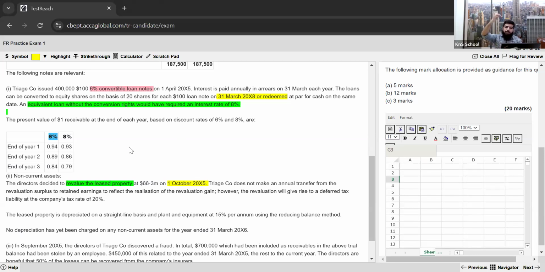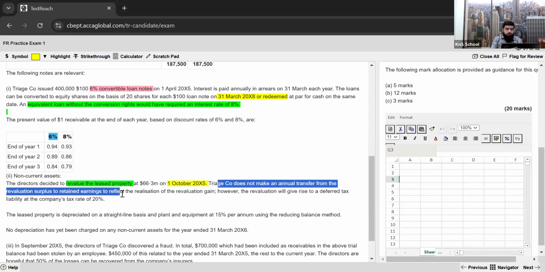After April, May, June, July, August, and September, which means after 6 months, on 1st October 2005, the company has decided to revalue the property. The company does not make an annual transfer from the revaluation surplus to the retained earnings to reflect the realization of the gain.